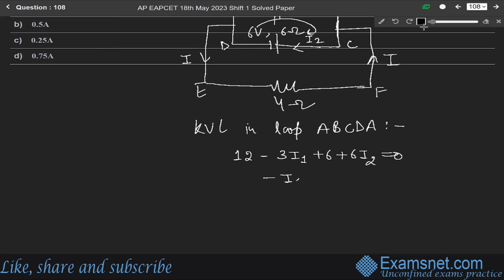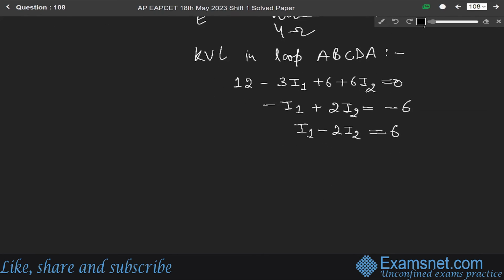So minus (I1 plus 2I2) equals minus 6. So I1 plus 2I2 equals 6. Now multiplying this whole equation by 2, we get 2I1 plus 4I2 equals 12. Let us say this is equation 1.